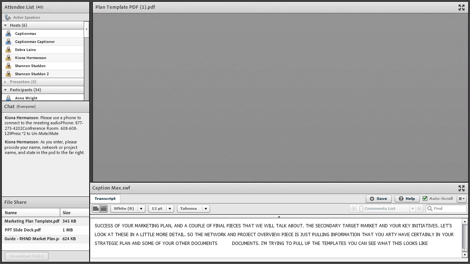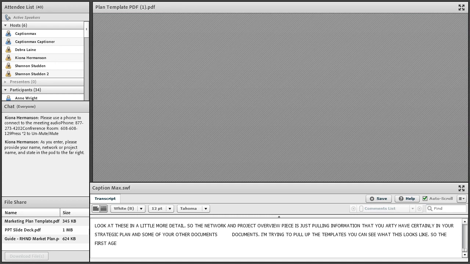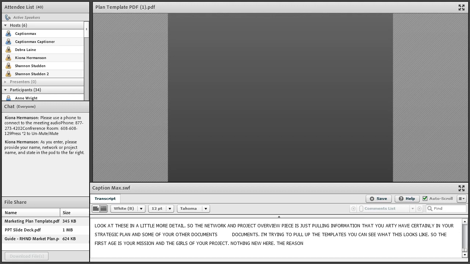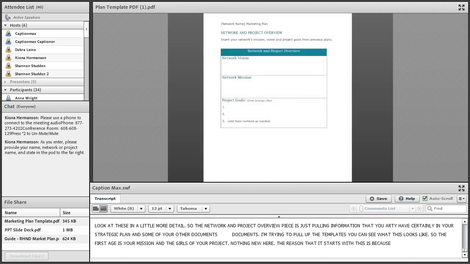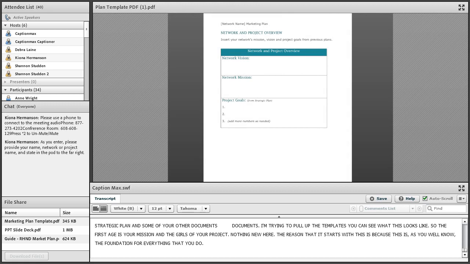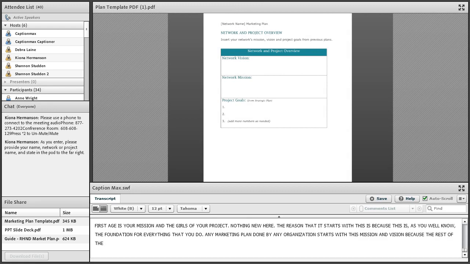So the network and project overview piece is just pulling information that you already have, certainly in your strategic plan and probably in some of your other documents. I'm going to pull up the template so that you can see what this looks like. So the first page is just listing your network vision, your mission, and the goals of your HRSA grant project.